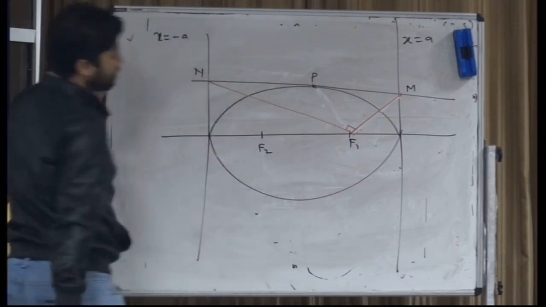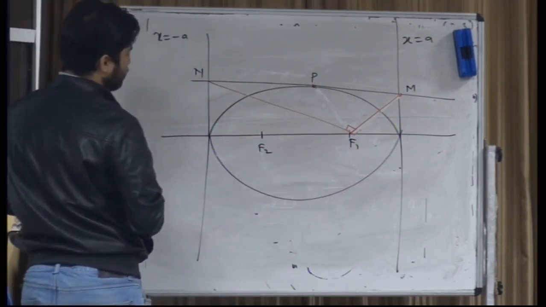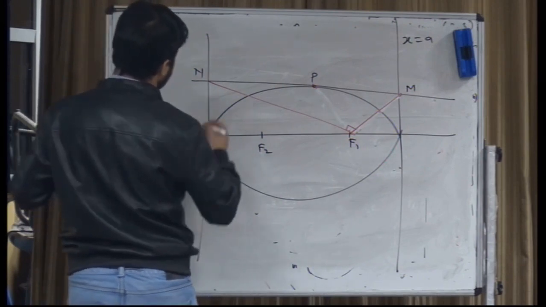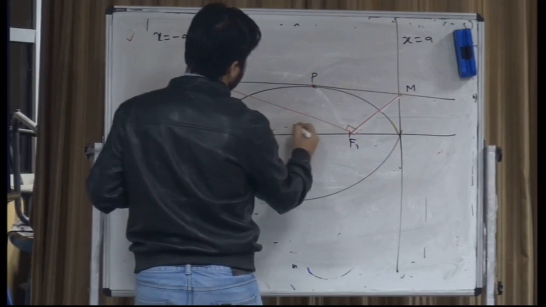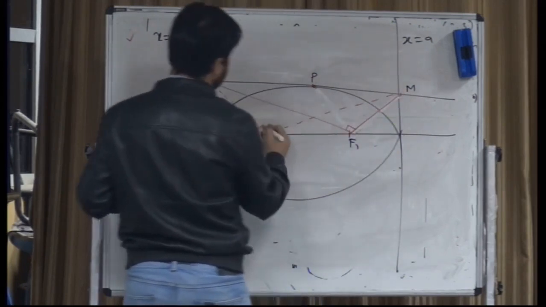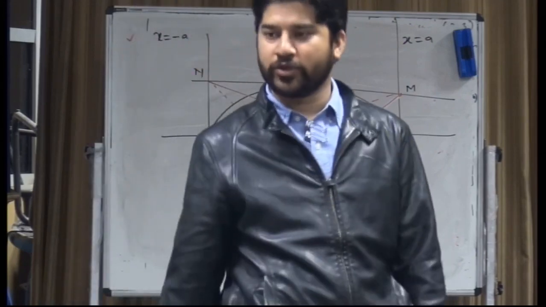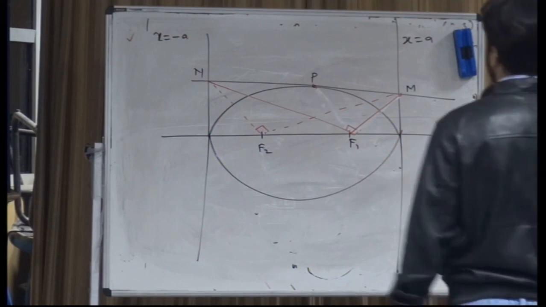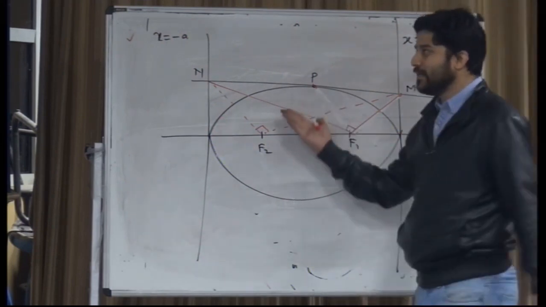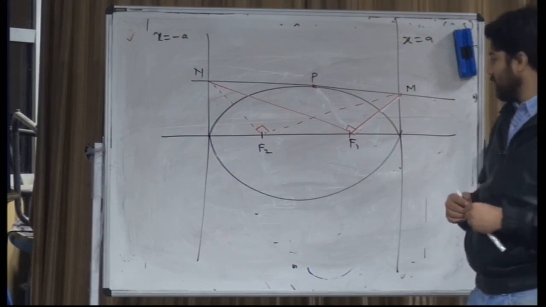This is 90 degree and this is 90 degree. Do you understand? The portion of tangent intercepted between these two vertices would make 90 degree at the foci. Okay?